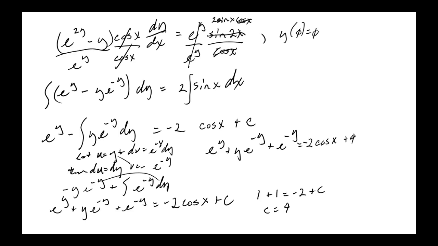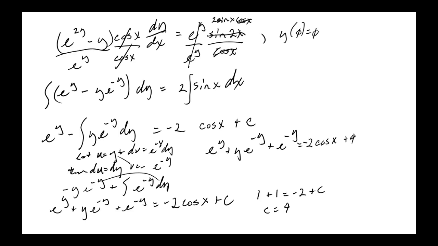Now, the next little blurb they have here is use of computers. They say that in the remarks at the end of section 1.1 mention that it may be difficult to use an implicit solution to find an explicit solution. And this one is one of those cases.